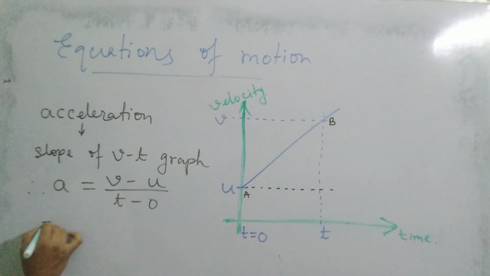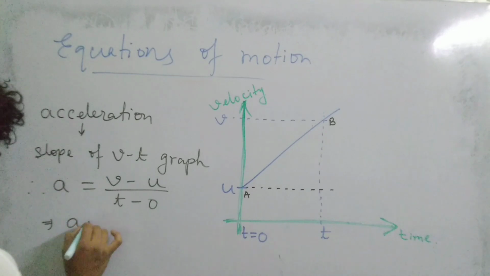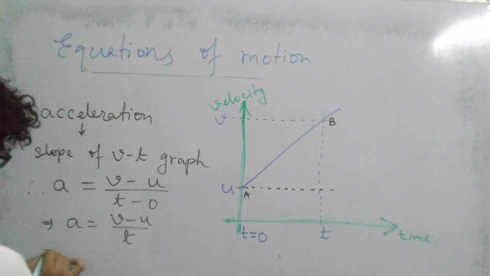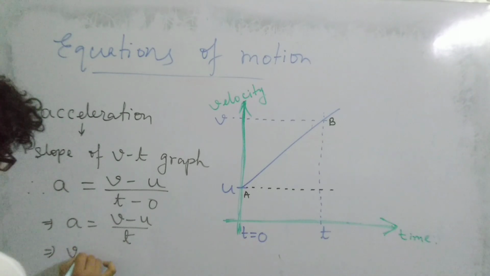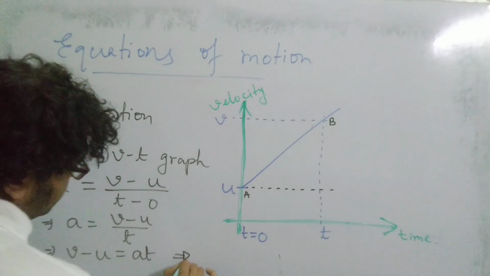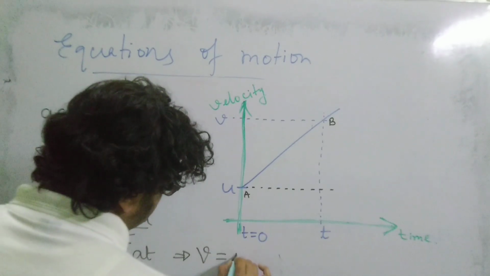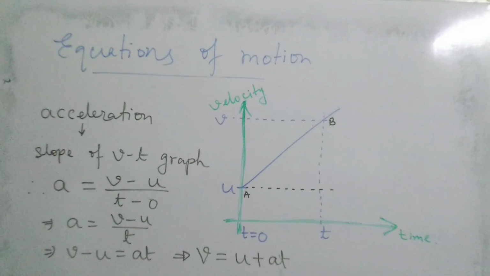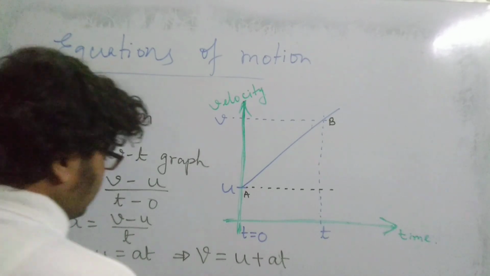So we get a is equal to v minus u by t, and from this v minus u is equal to at, and finally v is equal to u plus at. If we move u to the right side, it becomes plus. This is how we come to the derivation of the formula, v equals u plus at.